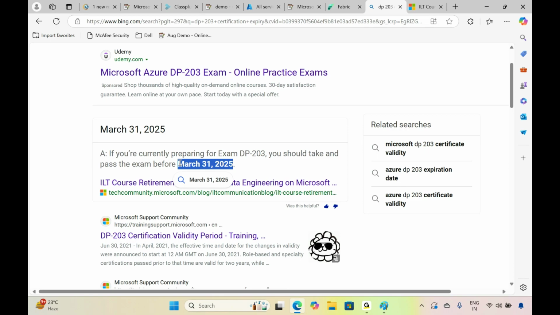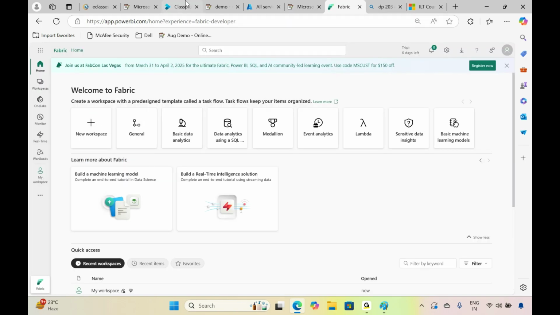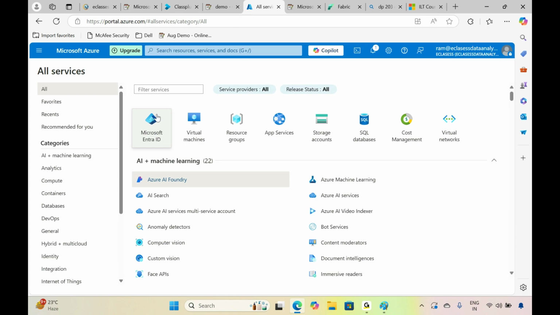That means after March 31st, 2025, they are not going to conduct the DP203 exam. Why? The reason is Microsoft is recommending everyone to learn Microsoft Fabric to implement their projects inside the Microsoft Fabric environment only, instead of using this Microsoft Azure.